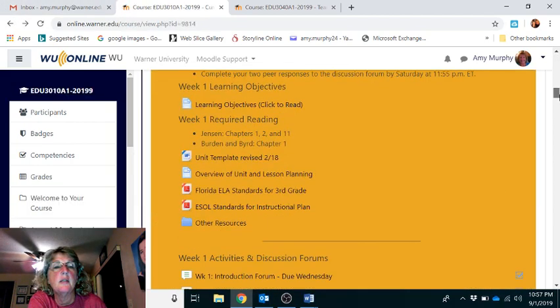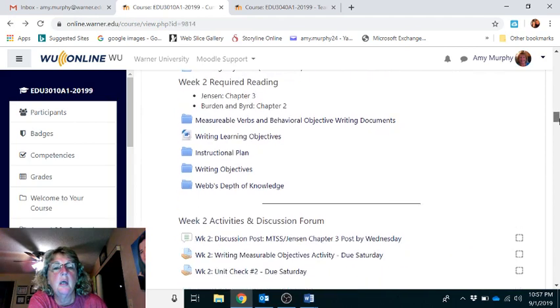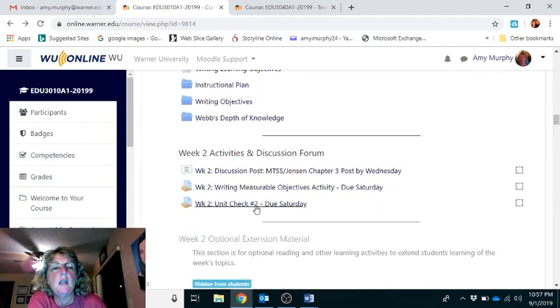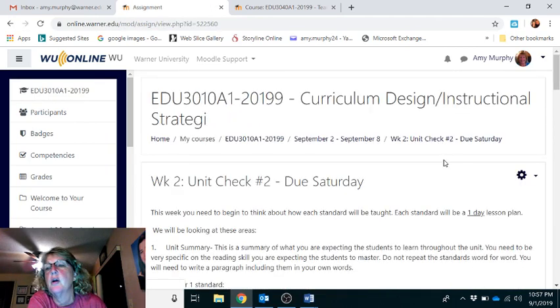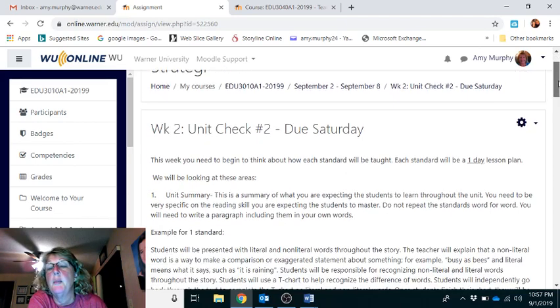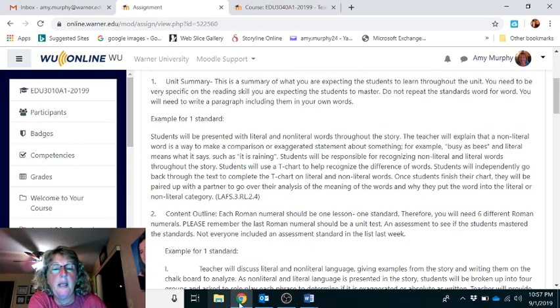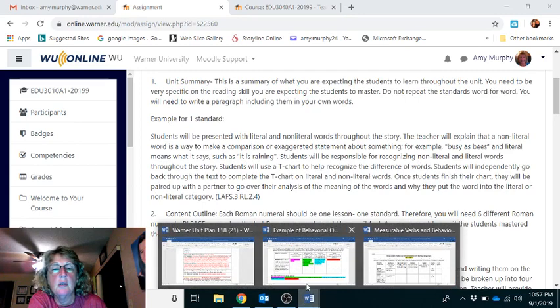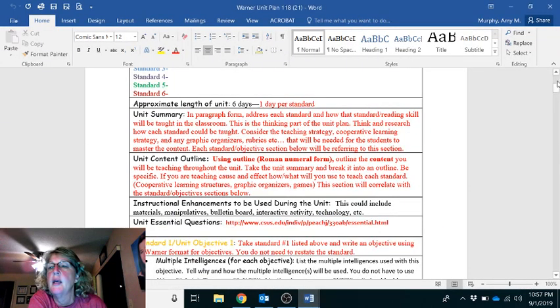So let's go back to week 2. The second assignment this week is the unit 2 check. So we are completing a couple more parts of the unit plan. So let me pull up the unit plan. This week we're going to be completing the unit summary, the unit outline, instructional enhancements, and the unit essential question.